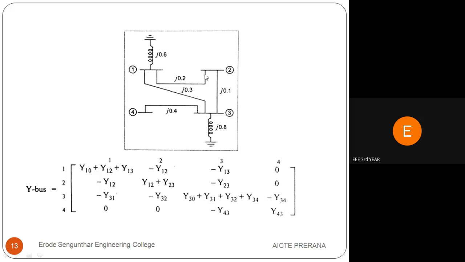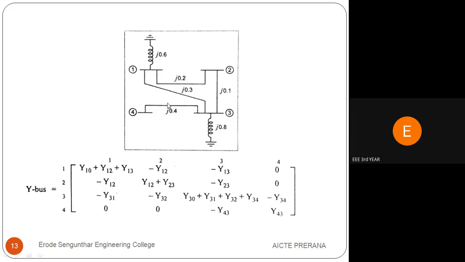In Y22, totally 2 elements are connected, that is Y12 and Y23. And Y23 we have to write as minus Y23. There is no element connected between 2 and 4, so it is considered as 0. Even in the first row we have to consider 0 because there is no touch with the fourth bus. So we have considered it as 0.